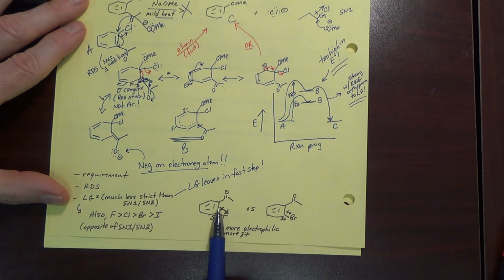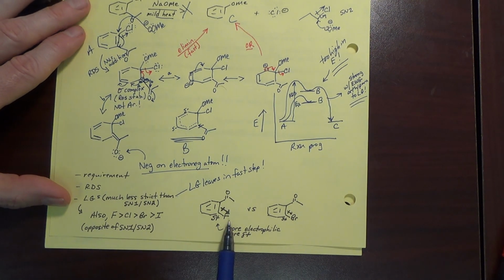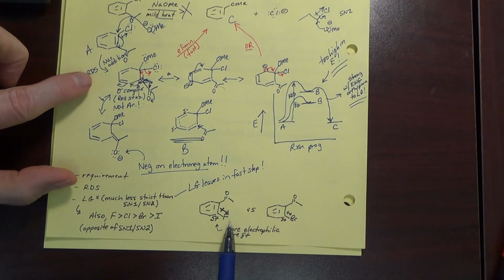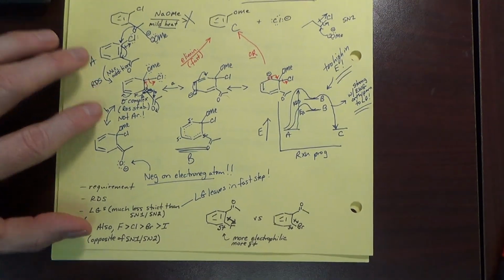This substrate would be faster than this one. That means the leaving group is better. But why? It's not because the F is just a better leaving group. We don't need to talk about the leaving group ability of the F. We need to talk about the rate determining step. The rate determining step is the nucleophile attacking that carbon.